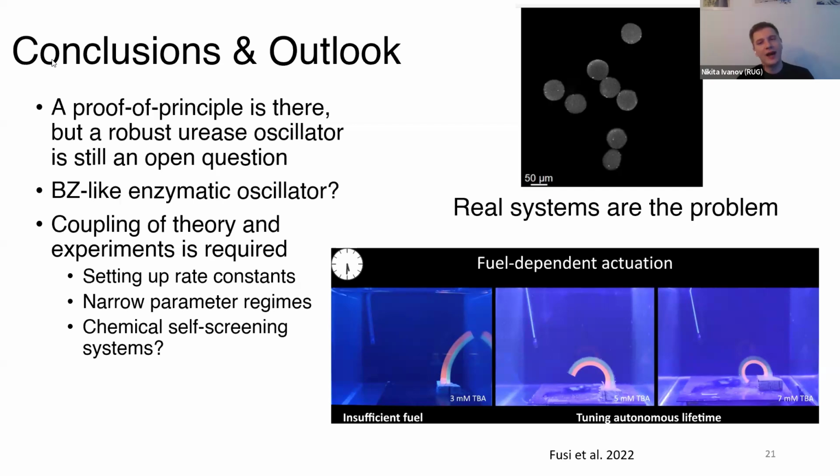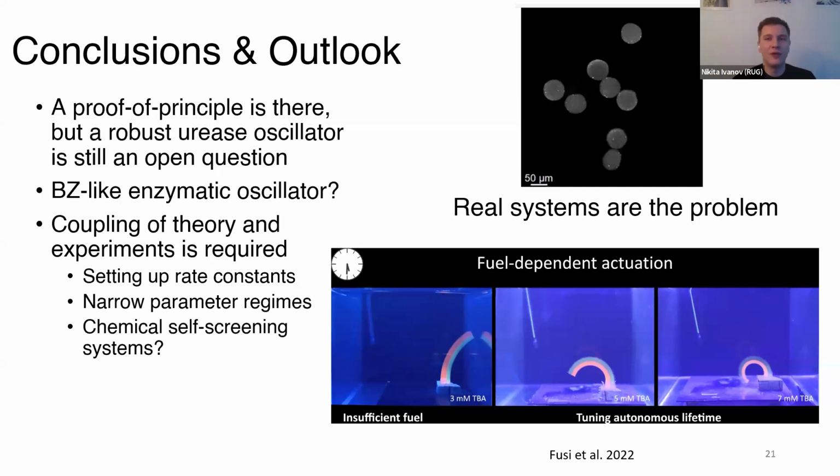The possible way out of these problems that I see, and I'm potentially going to work in this direction, is to create systems that would self-screen the parameter space by using gradients or, let's say, automatized screening in which the system would by itself go through these many parameters, trying to find the place where I want it to be.